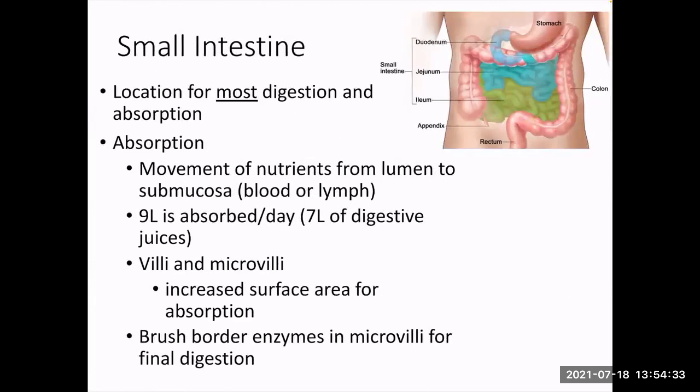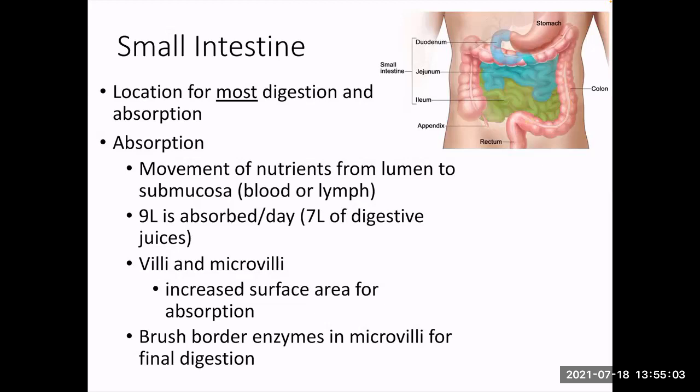Okay, small intestine. Once food has finished with the stomach and has made its way into the small intestine, this is where the majority of digestion will occur. It's also where absorption begins, right? So you had a tiny bit of absorption of just a couple of items in the stomach, but for the most part, absorption takes place in the small intestine, okay?